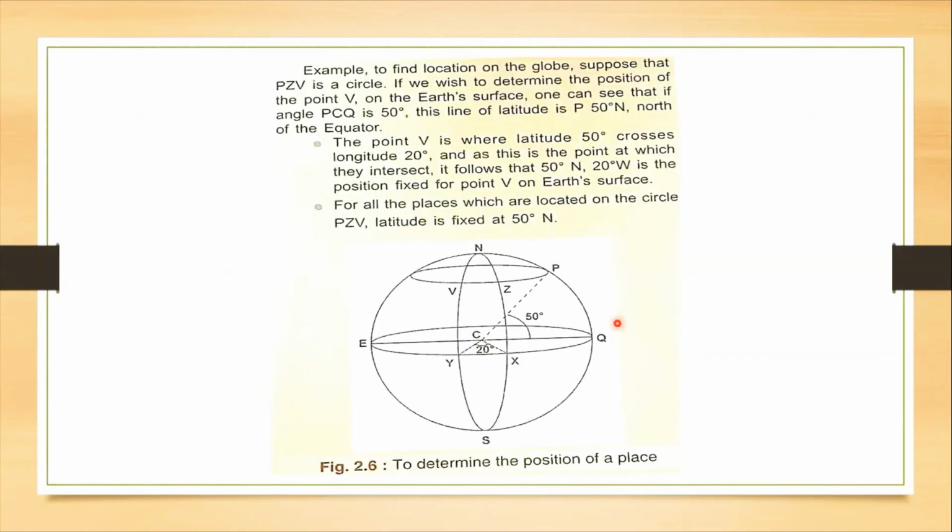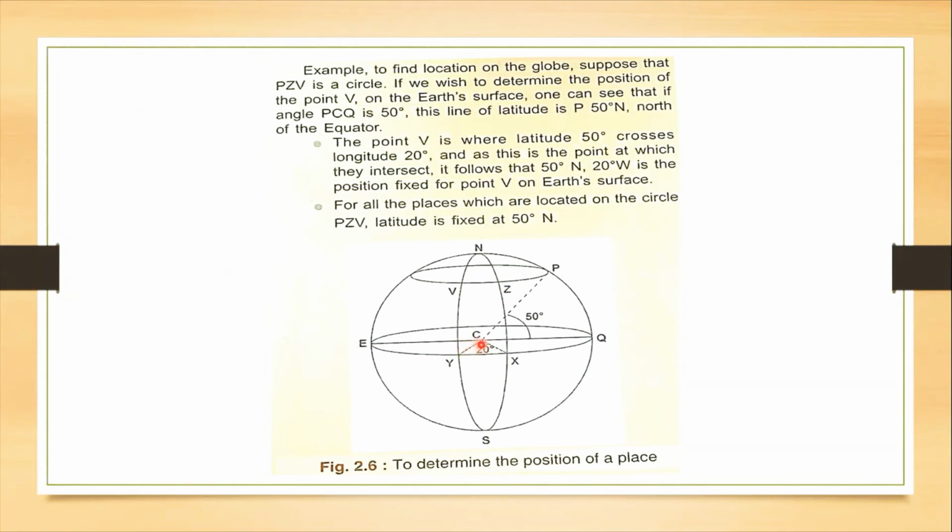Another example is given, taken from your textbook. To find location on the globe, suppose that PZV is a circle. Now you can see we are finding it in this way. V is an imaginary place, and to find its location, how can we find the latitude and longitude of V? For this, you can use a protractor.